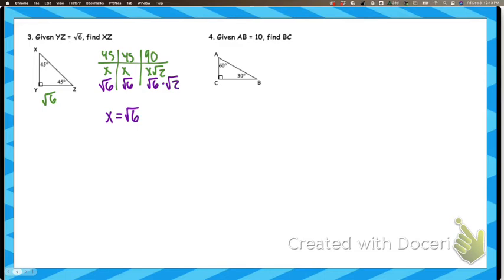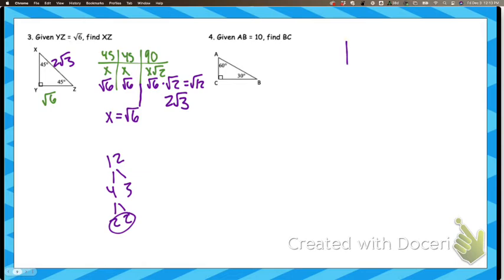The square root of 6 times the square root of 2 would be the square root of 12, but then we have to simplify the square root of 12. So remember 12, we can break down. There's a pair of 2's, so 2 goes on the outside and 3 stays on the inside. Again, if you were to plug root 6 times root 2 into the Casio, that would give you 2 root 3 as well. You'd still get that same answer. So across from 90 is 2 root 3.